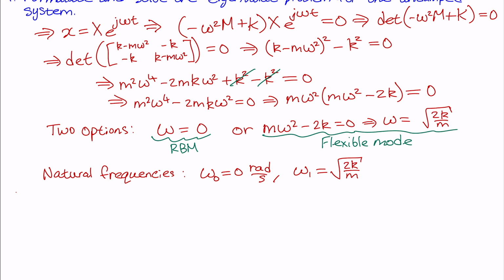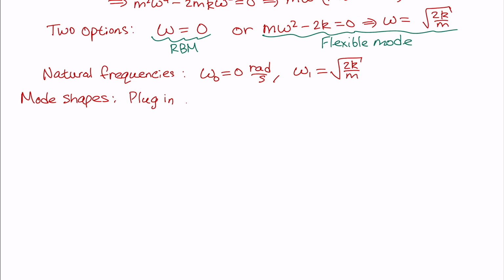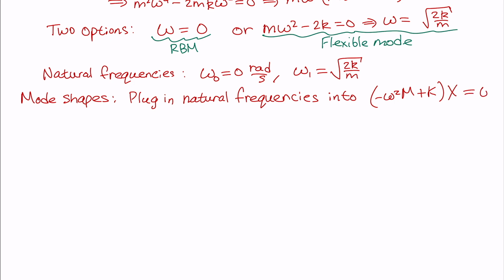So at this stage, we now want to compute our mode shapes. To do that, we're going to plug the natural frequencies into the equation minus omega squared m plus k times big X equal to 0.